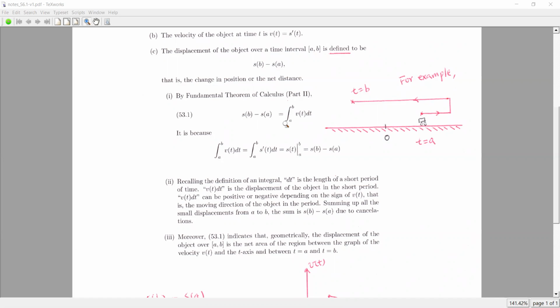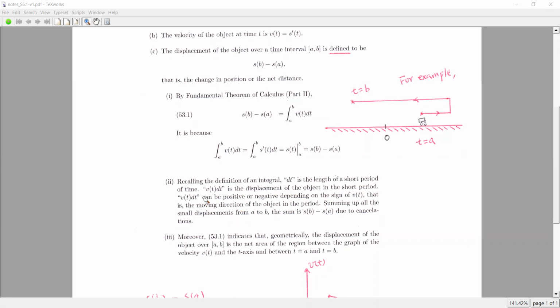A second way to understand the formula is from the definition of an integral. In this integral, dt is the length of a short time period. Velocity times dt is the displacement of the object in that short time period.